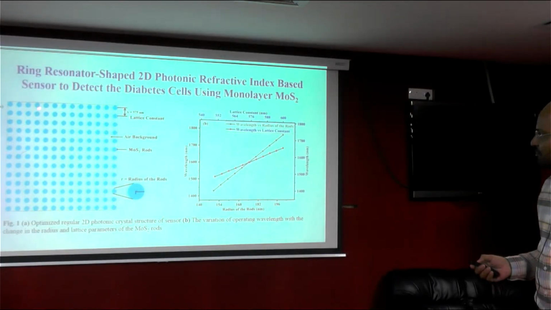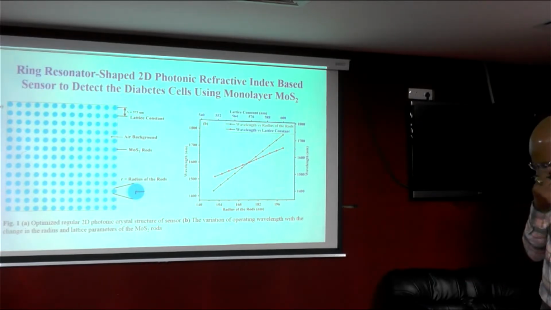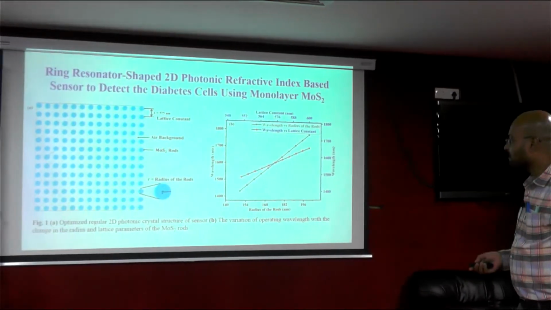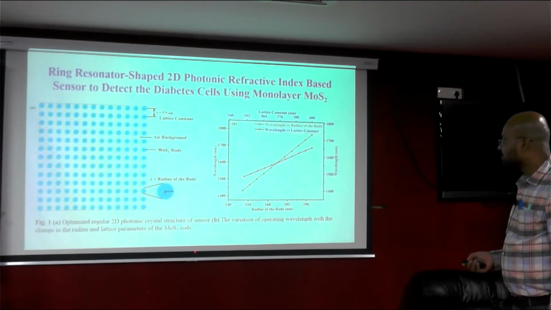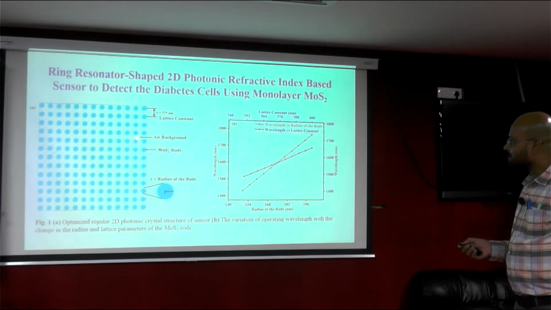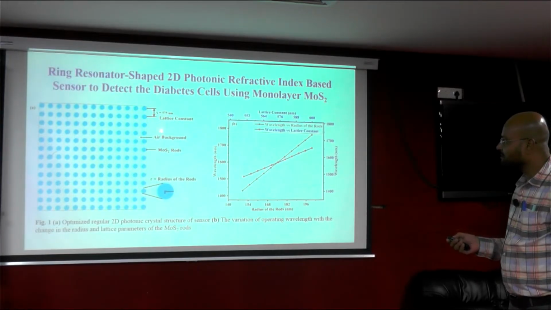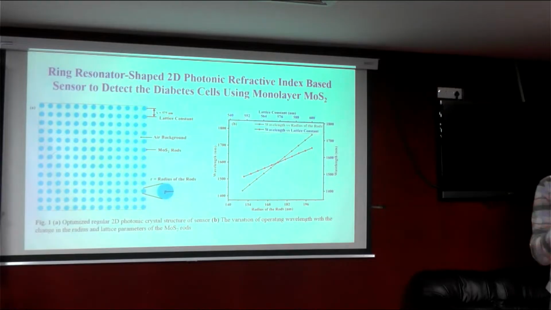Because it is 2D in nature, we took the X and Y of this sheet. Here, this is the radius of the rod, this is the air gap between these MoS2 air holes, and this is the lattice constant between the middle of this hole and the middle of that hole. We have taken a row and column of MoS2.